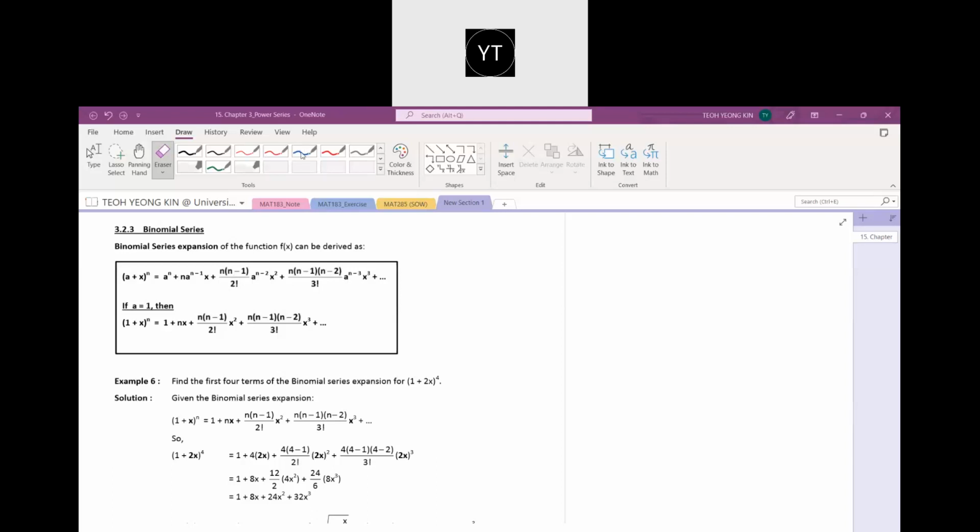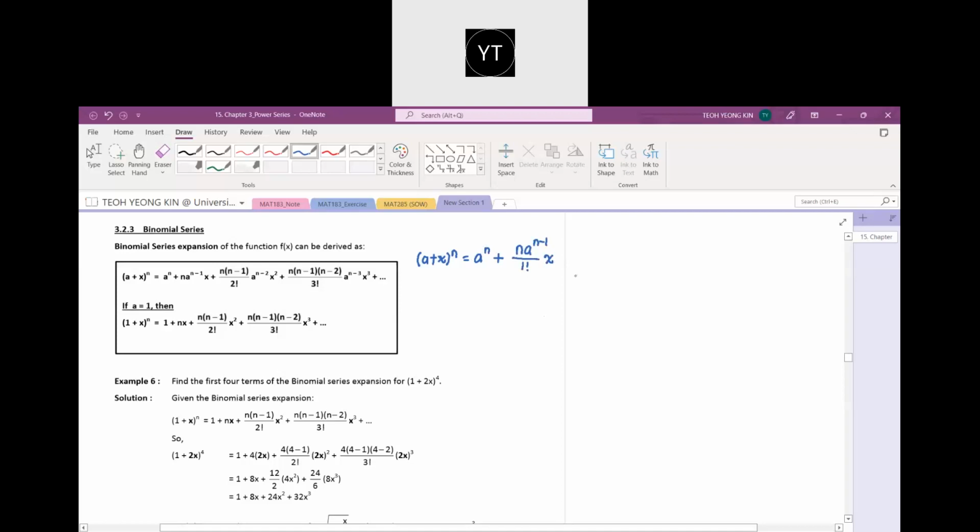Again, (a + x)^n equals, the first term is a^n. So a can be any value. It can be 1, it can be 3, or it can be a negative value. Plus, the first part we can write as, just like differentiation, multiply n to the front and then n minus 1, so a^(n-1) over 1 factorial, times x.